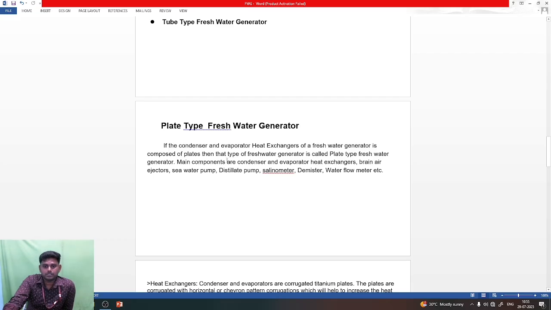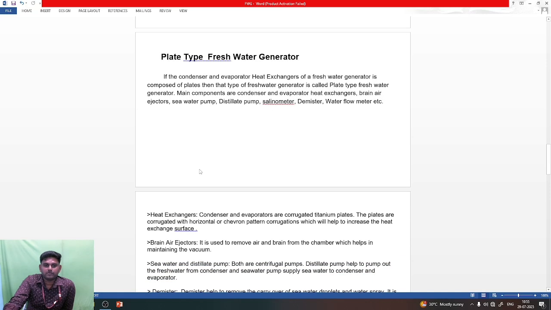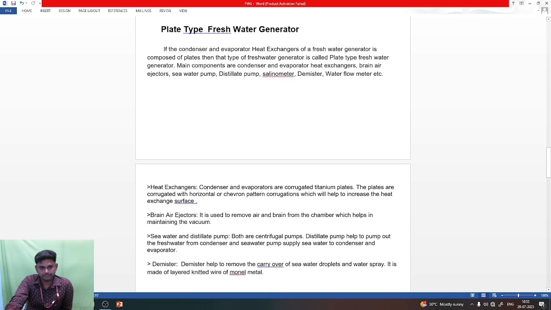These two are heat exchangers. Then there are the drain ejector, seawater pump, distillate pump, salinometer, demister, and water flow meter. These are the other parts. First we will see the heat exchangers.